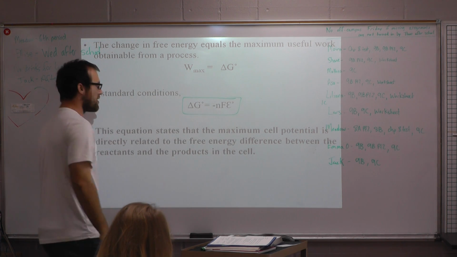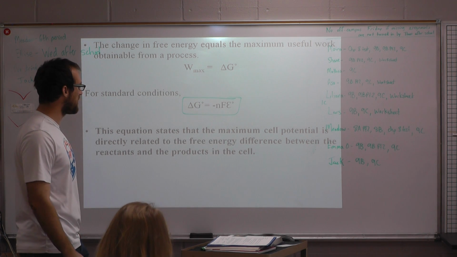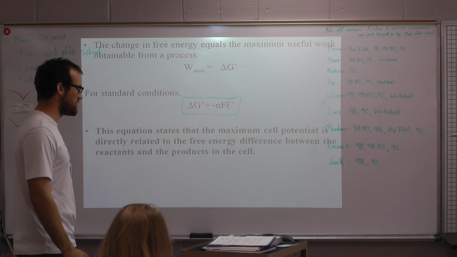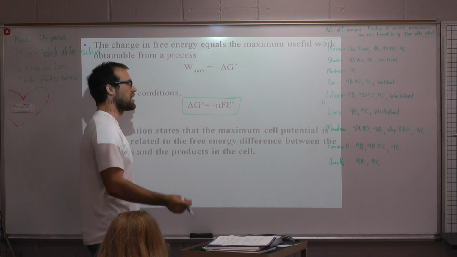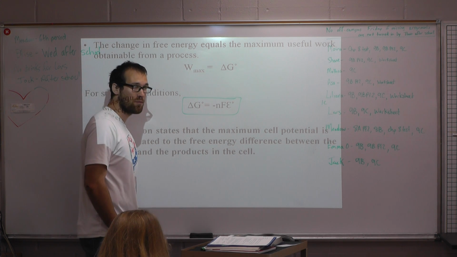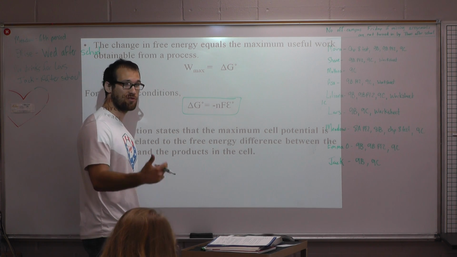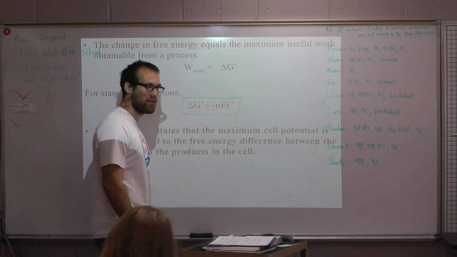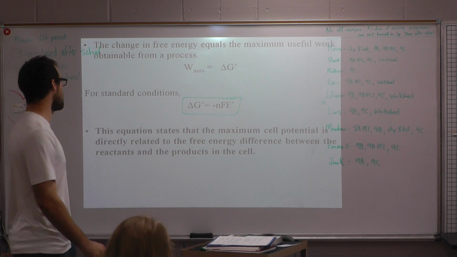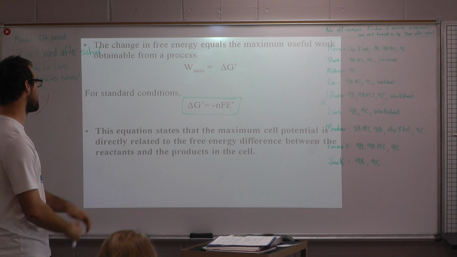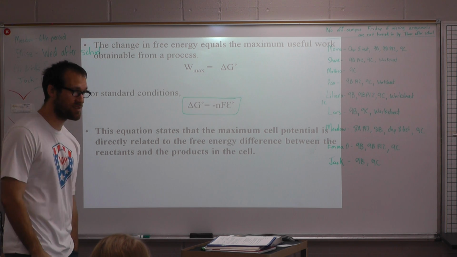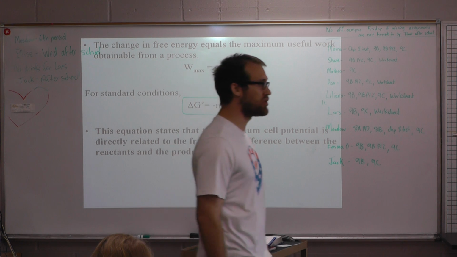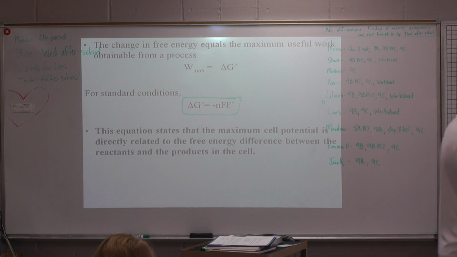Due to time, I don't really have enough time to show the derivation, but what it basically is using that first equation I gave you and taking NF and plugging it in for Q. Because I said Q equals the moles times the farad. Okay? This equation states the maximum cell potential is directly related to the free energy difference between the reactants and the products. This should make sense. You're going to do work equivalent to your difference in free energy.